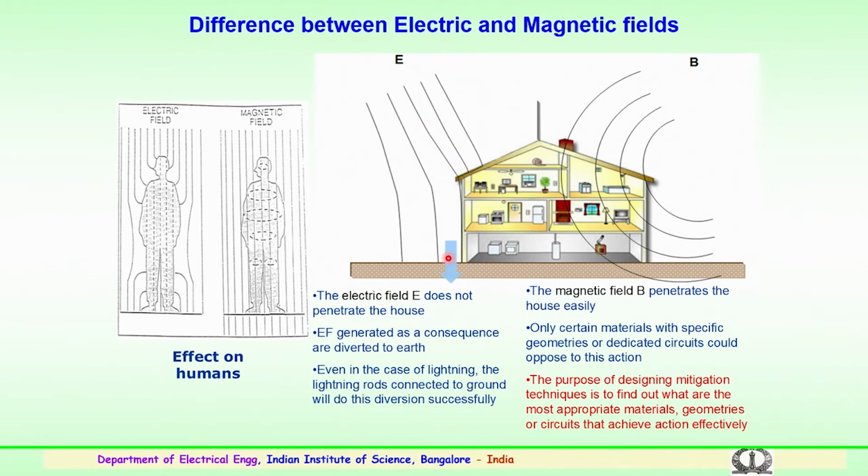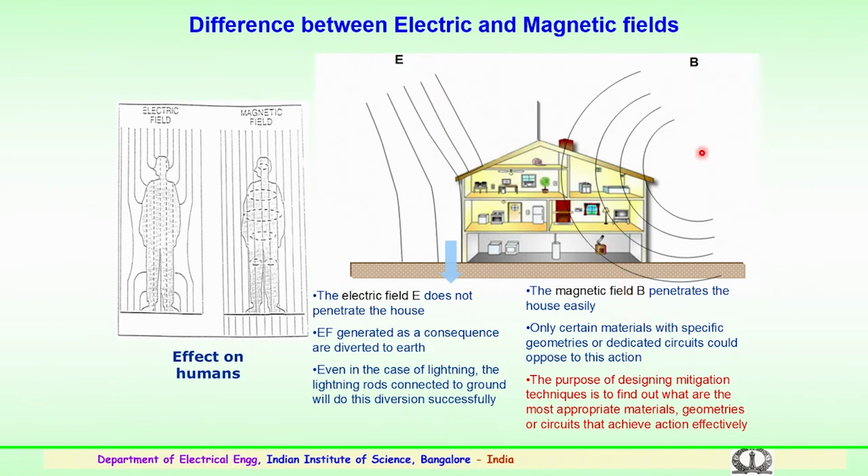Even in case lightning strikes the transmission line going near the residential area, a residential house with a tall structure has a lightning rod, which is connected to the earthing, and the surge that comes in contact will be diverted to the ground. So, the lightning rods connected to the ground will do the diversion successfully, and there is not much harm from the electric fields because of the transmission or the lightning aspect.